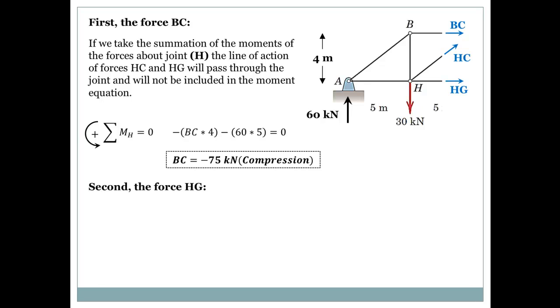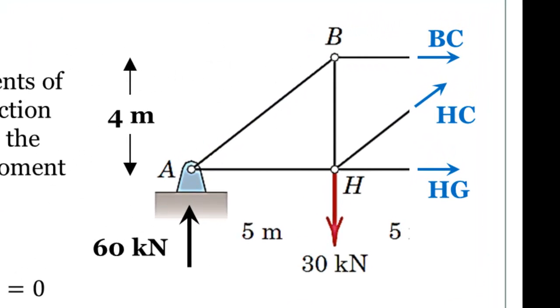Second force, HG. Okay, so what kind of point do I want to choose for HG? I want a point that will eliminate BC and HC. One might argue, but you just found BC. What if it was wrong?